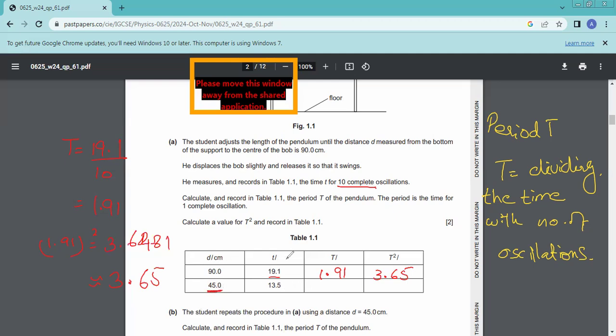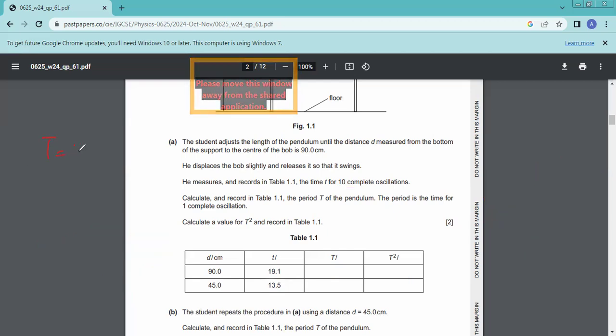Similarly, when we take 45 centimeters, the time is 13.5. We divide 13.5 in the same manner by the number of oscillations, which is 10, so T is 1.35. Here it was 1.91, and here 3.65.